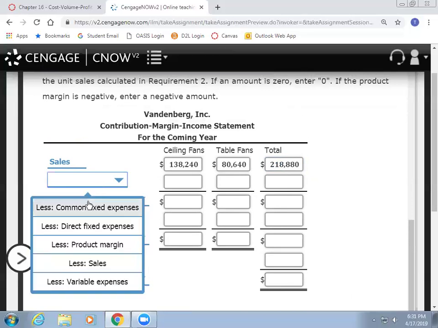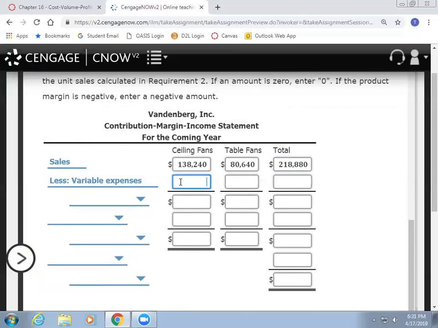Then we do our variable expenses. The nice thing is they give us per unit variable expenses. For the ceiling fans, we take the $12 unit variable cost times our 2,304 ceiling fans, which is $27,648.